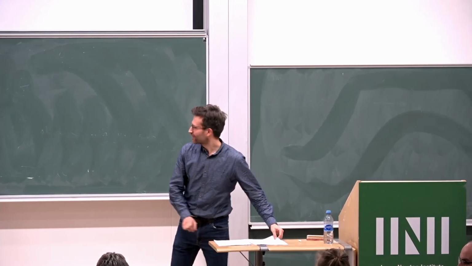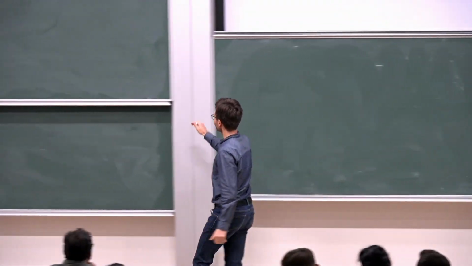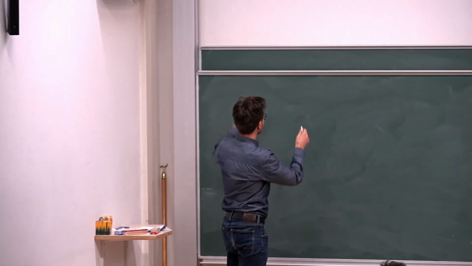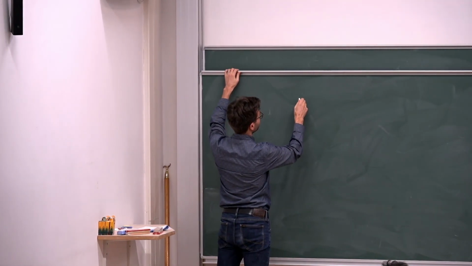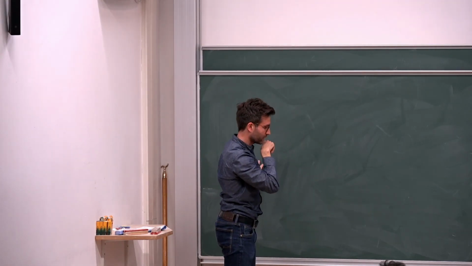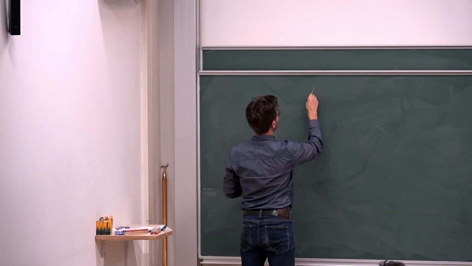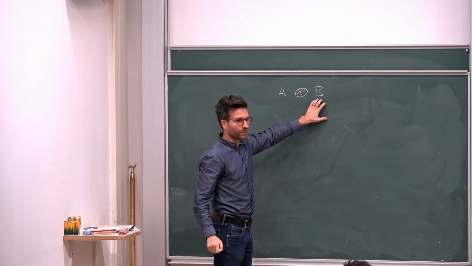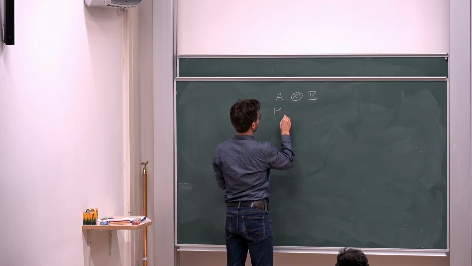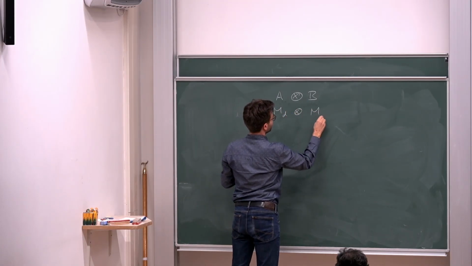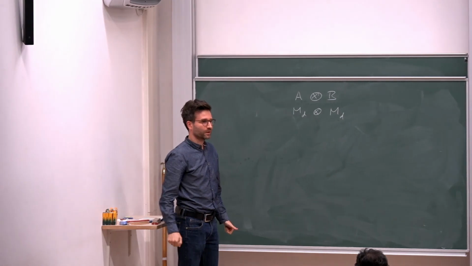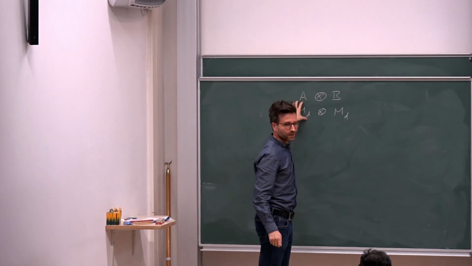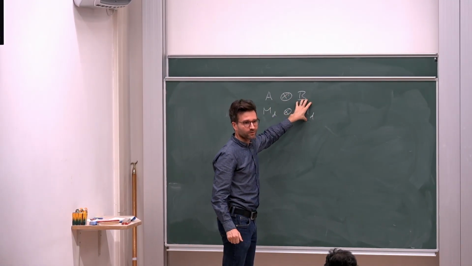Okay. So then, what do we do? In Gemma's talk, there was a bipartite system. So essentially, we had system A and system B, and in this case, it was a matrix algebra and another matrix algebra, C^d tensor C^d, and you've got the matrices acting on this one and on this one.